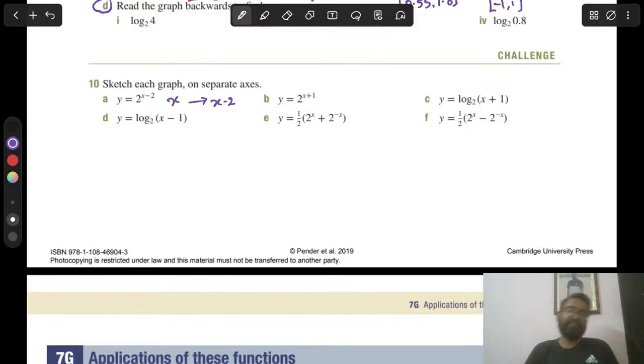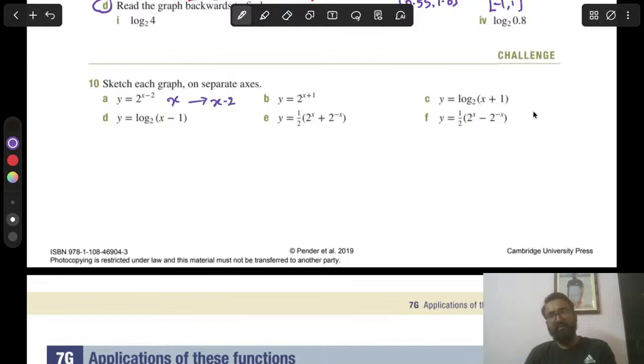It's right. It's not for minus stands for left. It's right. x is changing, not the entire function. Okay, it moves right. Okay, it is 2 power x and 2 power x minus 2.